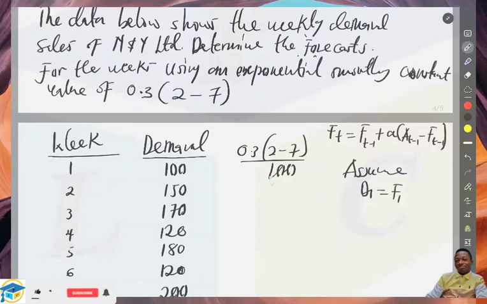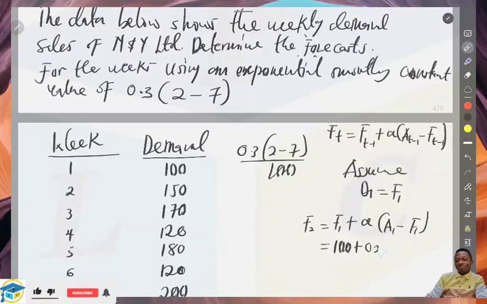So once we know the forecast for week 1 and the demand for week 2, we can forecast for week 2. That's going to be F2, and that should be equal to F1 plus the exponential smoothing constant times (A1 minus F1). So what are we getting? The actual value is the same as the demand that we use in that line. So F1 was 100, and we know that our exponential smoothing constant was 0.3.